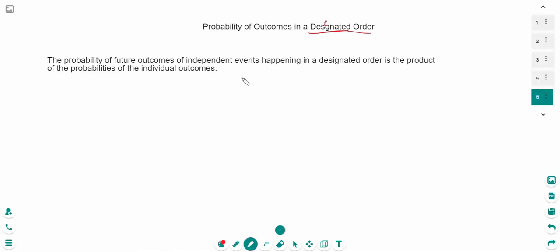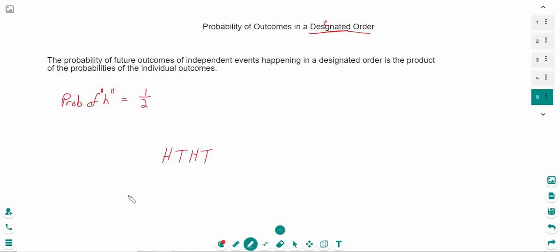So, the designated order. Okay? So, for example, let's say I know that if I have a coin and I flip it, the probability of getting heads is 1/2. Probability of heads is equal to 1/2. Okay? But what's the probability of me getting a heads, and then a tails, and then a heads, and then a tails?